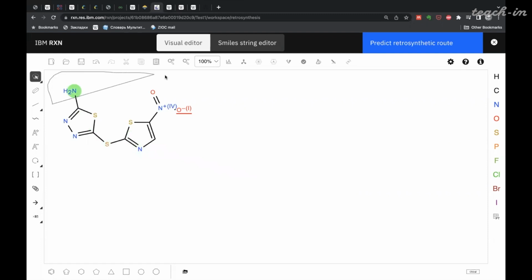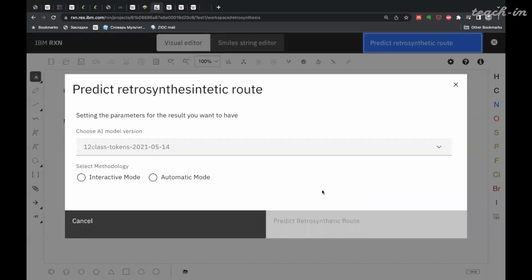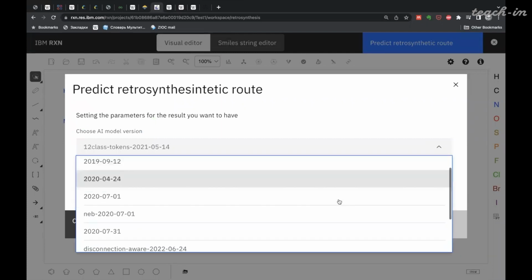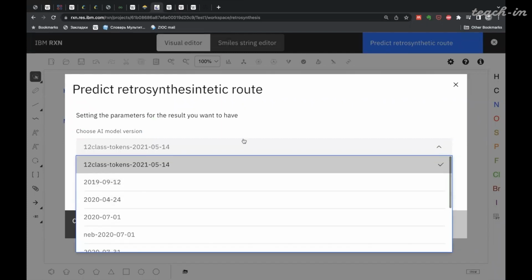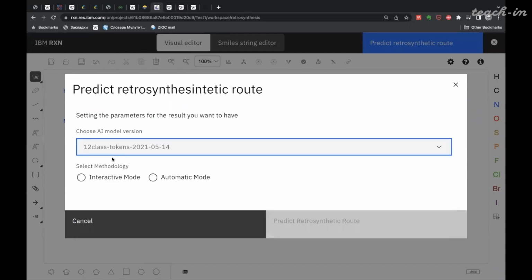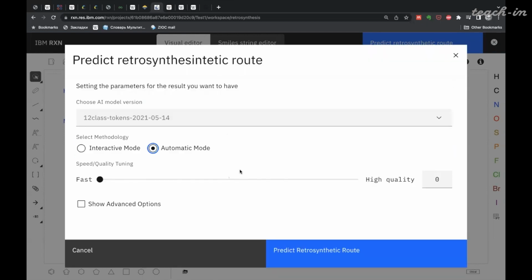So we get a visual representation, and next we can select several models, from which let's select this one, and we can select automatic mode.